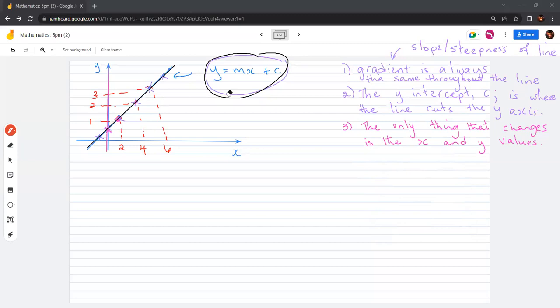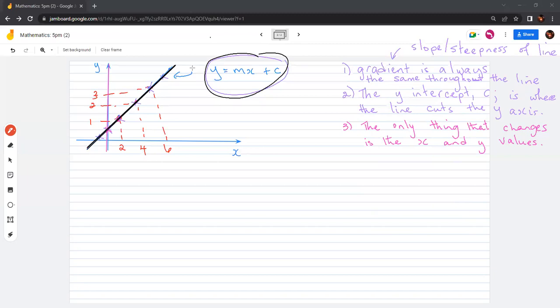Now, no matter where you go on a straight line, the equation will be the same throughout this line. In order to find the equation, we're going to need our gradient.